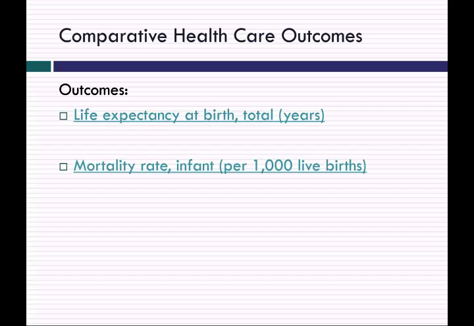Similarly, we can look at mortality rate. For infant mortality rate per 1,000 live births, we would hope that it steadily decreases, and that is what we see. Again, this is comparing multiple countries in the world. There were 122 deaths per 1,000 live births in 1960. For the world, the average has now decreased to 31.7.